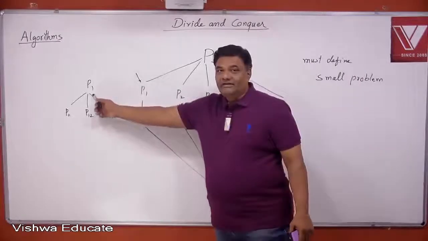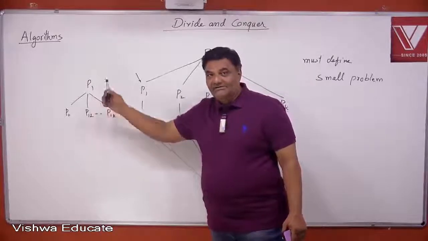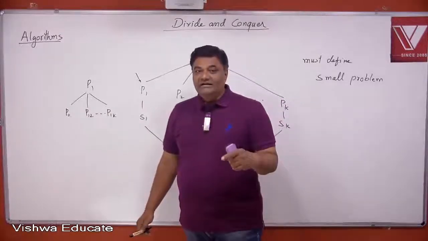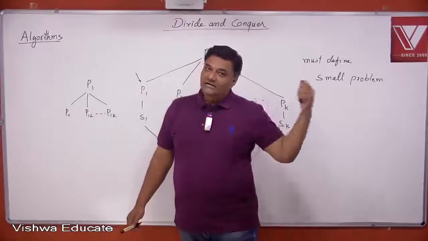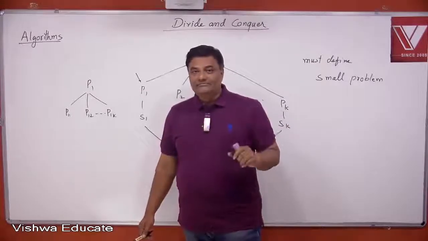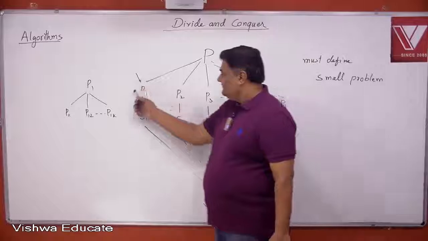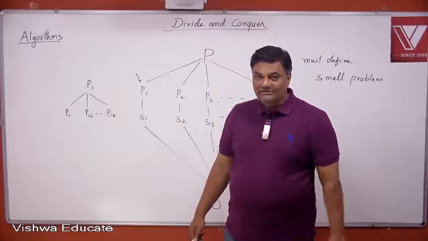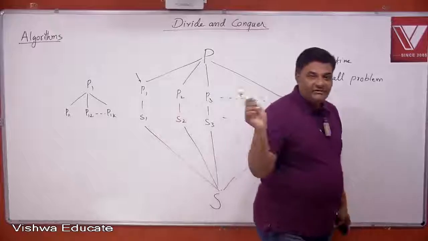Next, if a sub-problem is large, apply divide and conquer on that also. So divide and conquer is applied recursively. Then the fourth point is you must define what a small problem is. First, split into sub-problems and combine. Second, if it is large, apply divide and conquer. Third, divide and conquer is recursive. Fourth, we must define a small problem. Take these four points and draw this diagram.